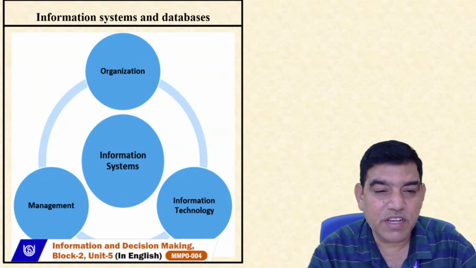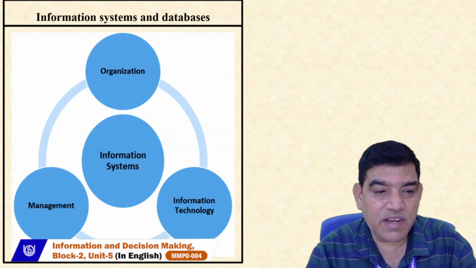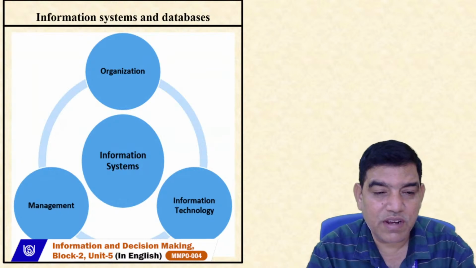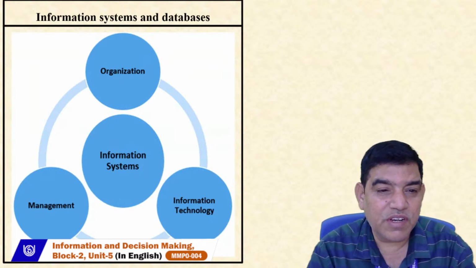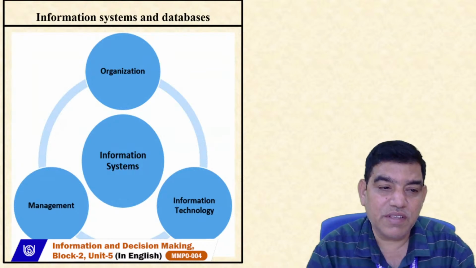Our system must be connected to the internet for collecting the external information. And then management. Management means the people who are responsible for the decision making process. So these are the information system and a database.